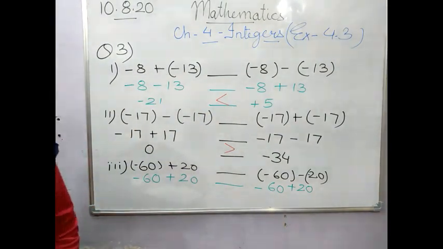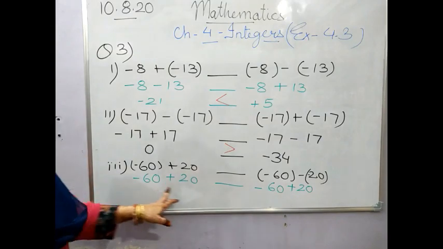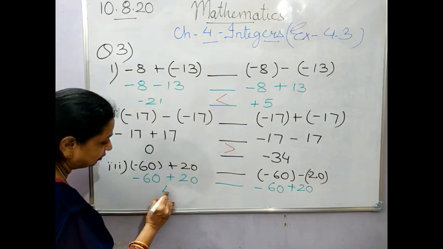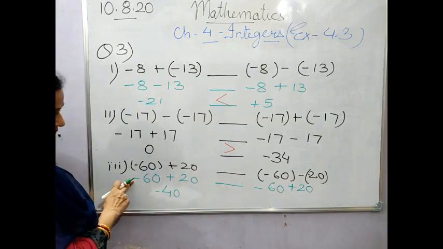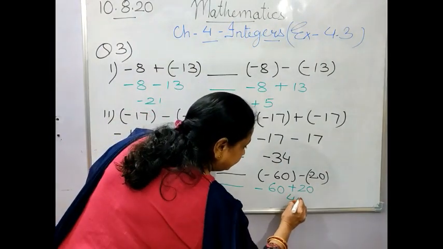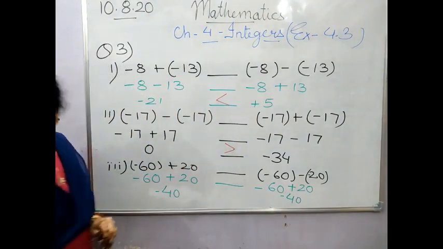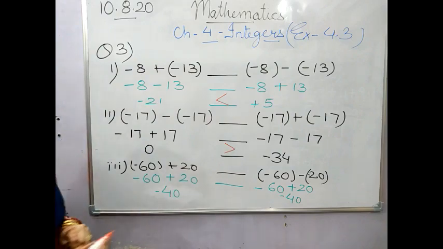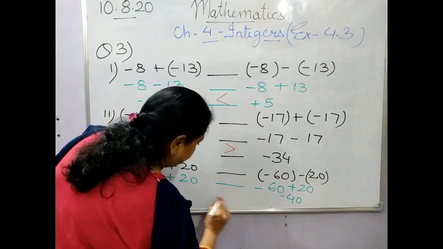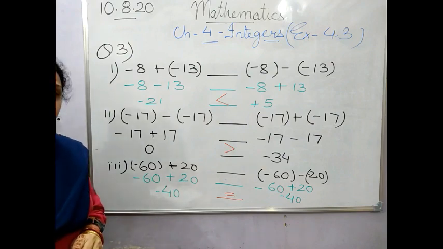Clear? Minus 60 plus... okay. Now signs are different, that means we have to subtract. 60 minus 20 is 40. This is minus because the bigger number has the minus sign. Both of them are equal. So we put the sign of is equal to. Sorry, not here. We put it over here. Hope this is clear to you.